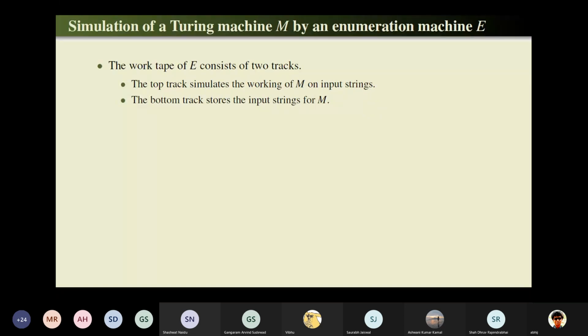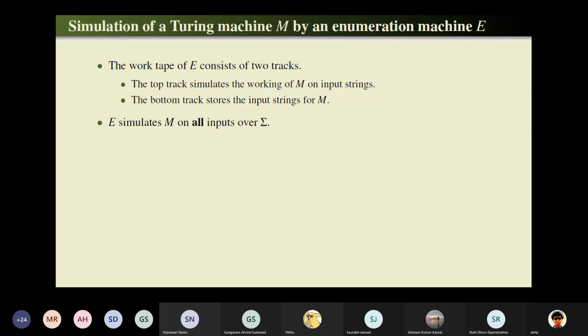So the work tape is essentially used by E to simulate the working of M on multiple inputs. In fact, on all inputs, one by one, not one by one. Actually, I will come to that a little later. So this E simulates M on all inputs.